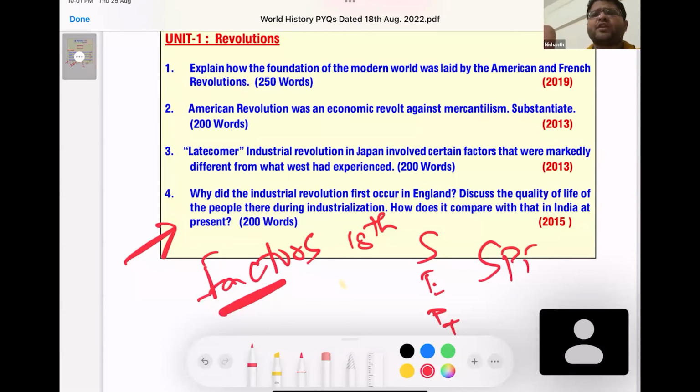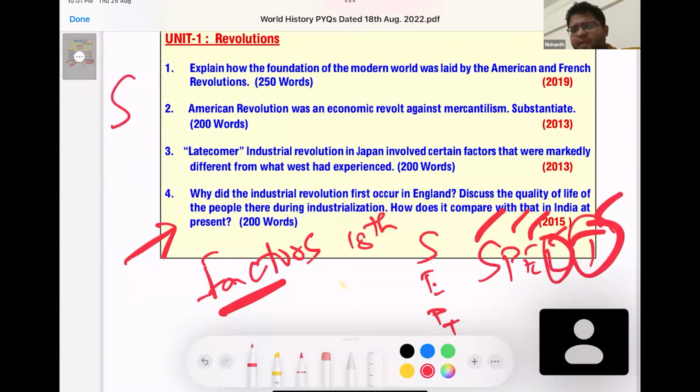So what are the social factors? By that time the society was highly developed in England, and the people were quite educated and they could understand the need of the hour.